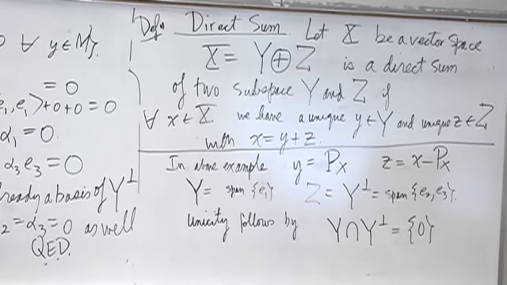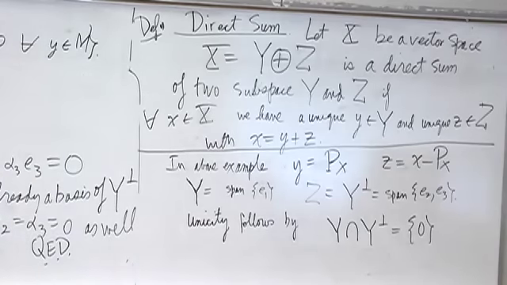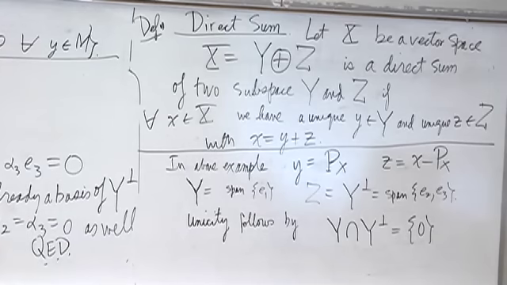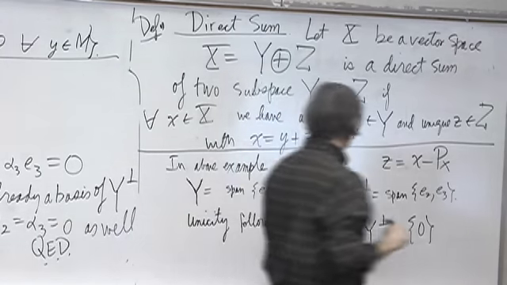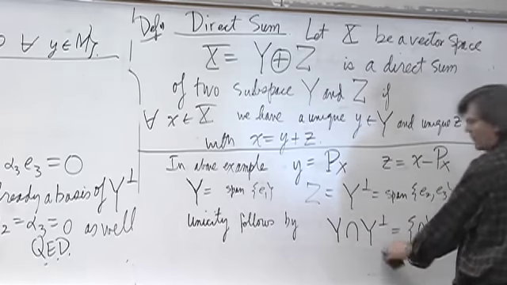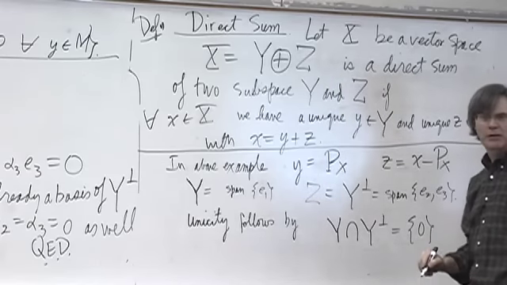So think about it. M might just be a bunch of basis vectors, and those basis vectors generate some subspace. I just put this on the side. So I claim that whenever you have a subspace Y and its orthogonal complement, defined by that method, the intersection is always going to be the zero vector.